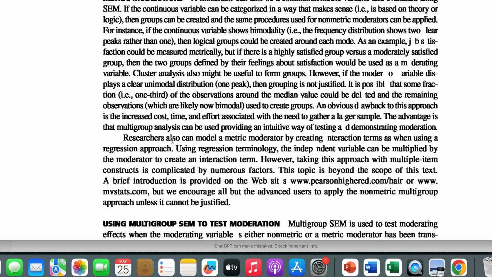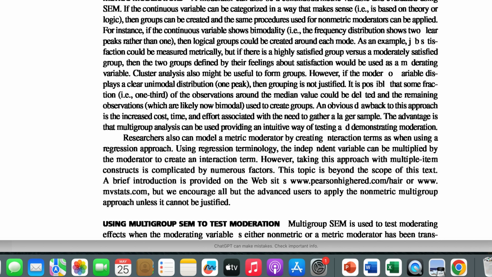The advantage is that multi-group analysis can be useful to provide knowledge and an intuitive way of testing and demonstrating moderation.